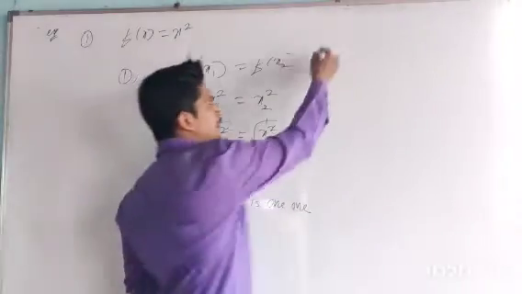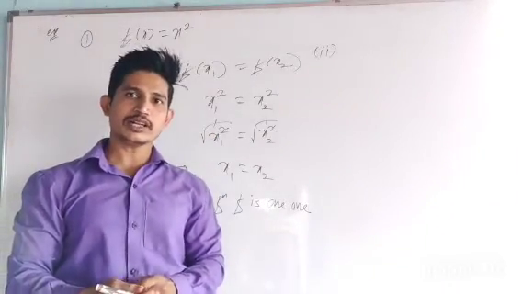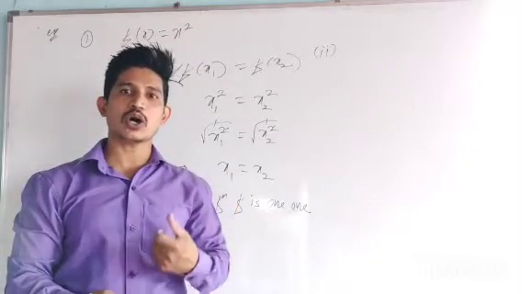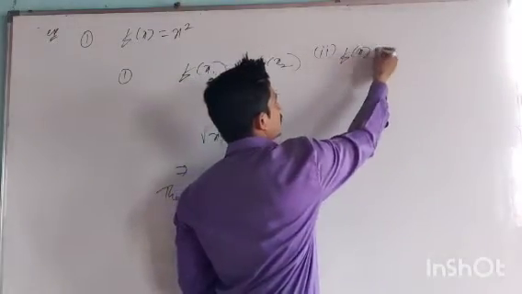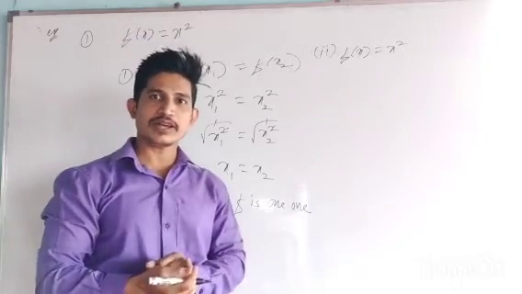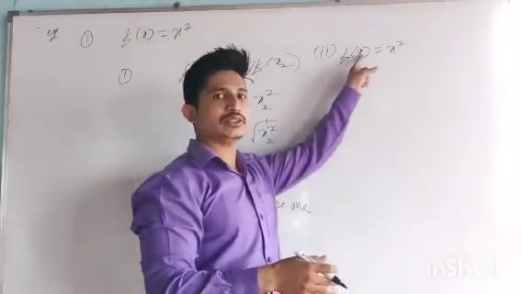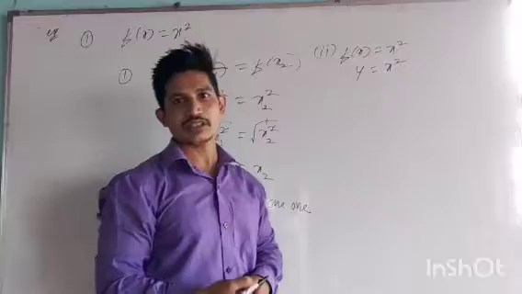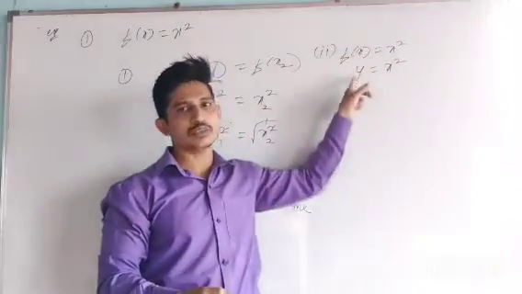Okay. Now let's see the second one, onto function. So I told you, if f of x is coming equal to y, then the function is called onto function. So let's see here, f of x is given, it's x square. First of all, find the value of x. When you are finding the value of x, take f of x as y.